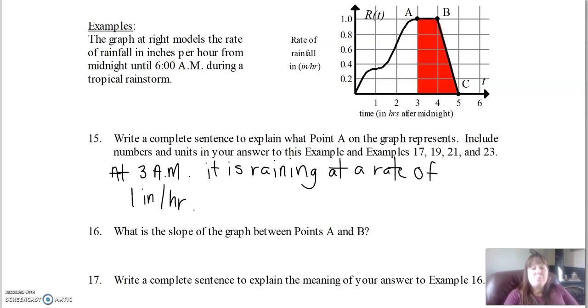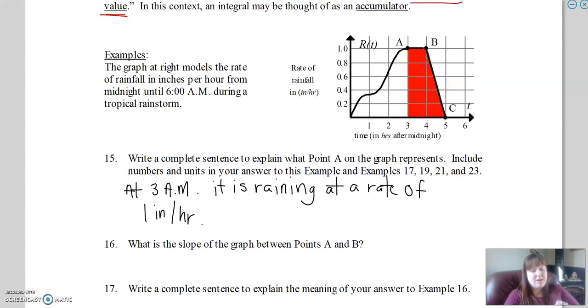What is the slope between points A and B on the graph? Well, if you look at it, there is a slope of 0, right? They don't change. So the slope between A and B is 0. Write a complete sentence to explain the meaning of the slope being 0.